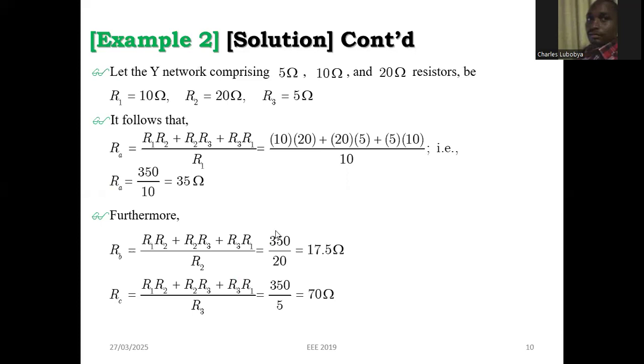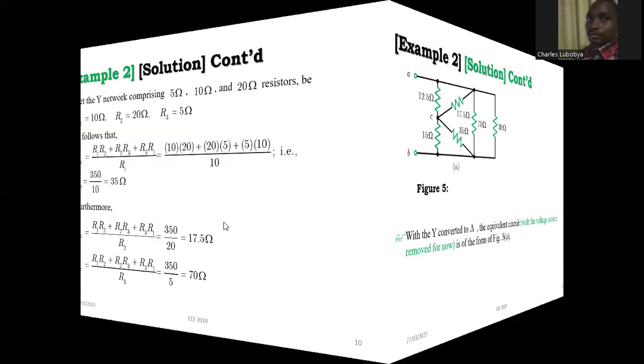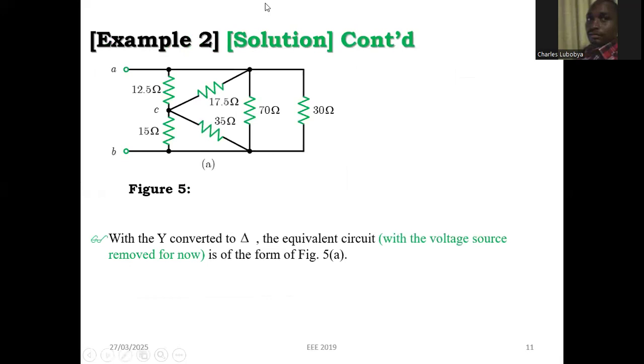And once you've calculated your RA, RB, RC, your circuit can now be redrawn to look like this.